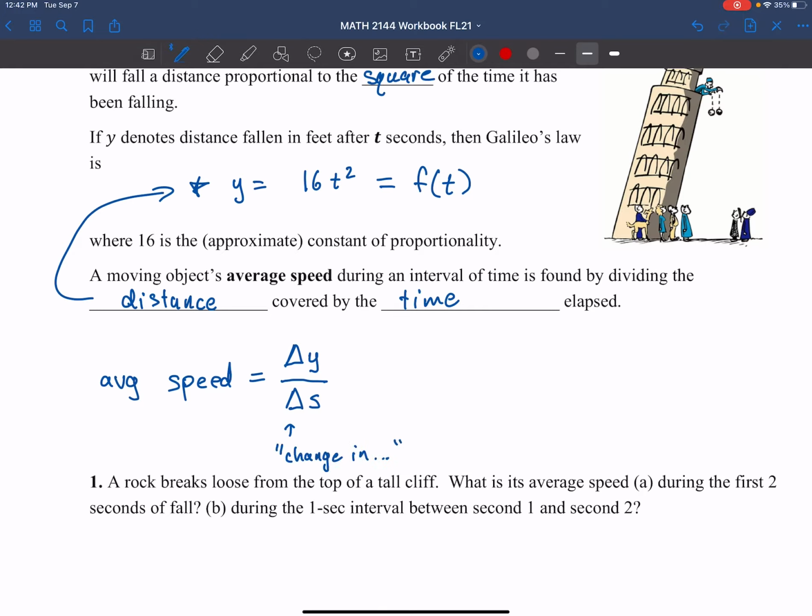So capital delta is read as change in and then whatever variable. So how do we find the change in y? To figure out the change in y, you could think about this as the change in distance divided by the change in time.